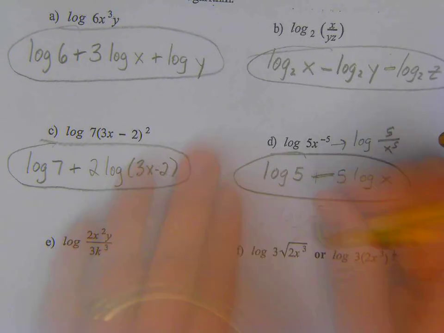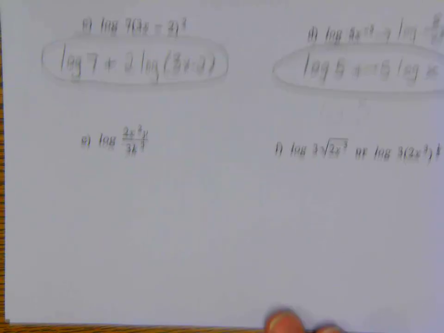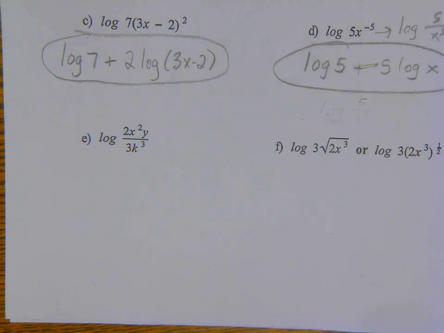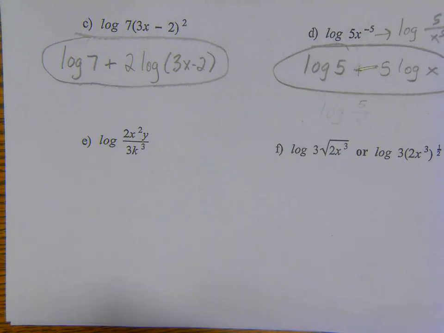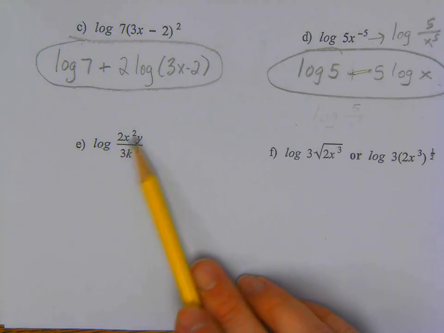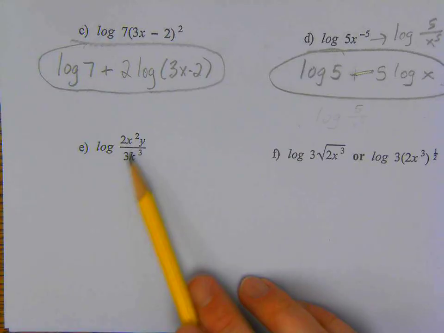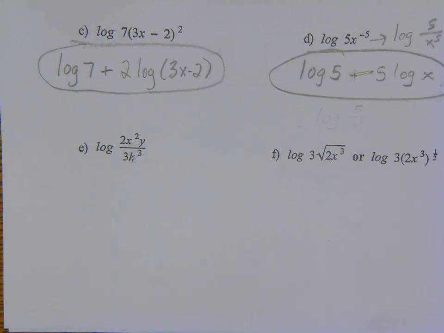All right. Next. Got lots of things happening here, right? How many different parts to the log do you think we're going to have? Colton says 5. I think I agree with him. 1, 2, 3, 4, 5. The ones with exponents will have a number in front. So let's go.